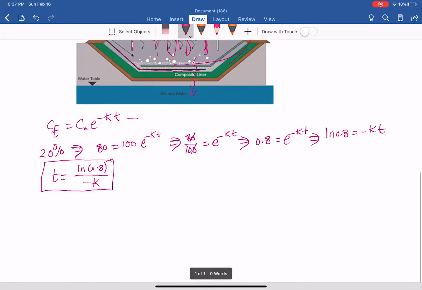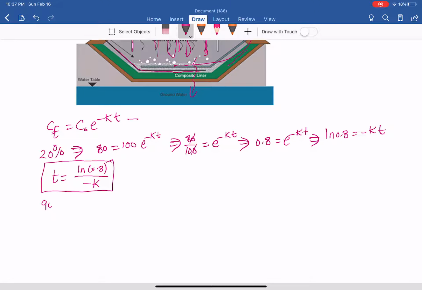Now let's do it for 90%. If C naught is 100 and 90% has decayed, that means 10 is remaining.